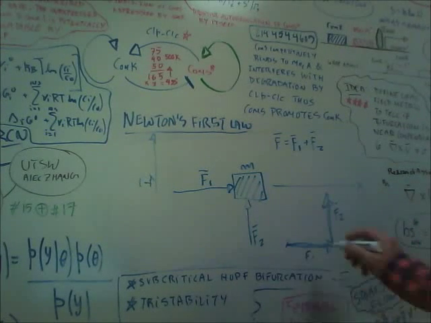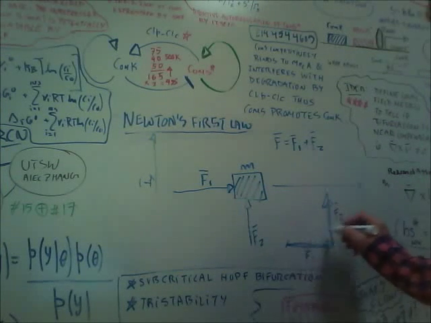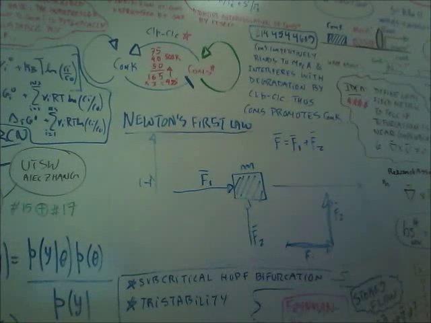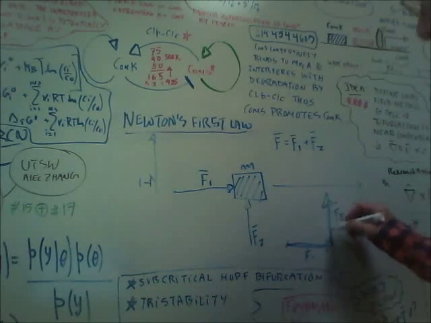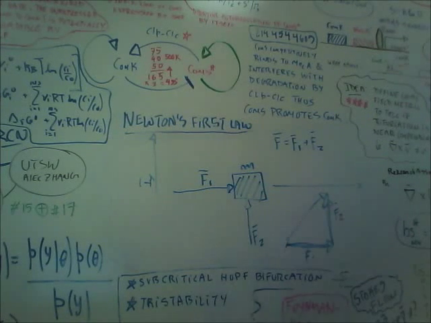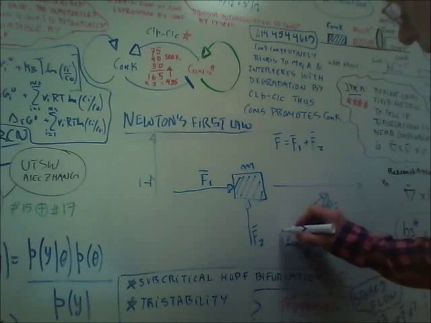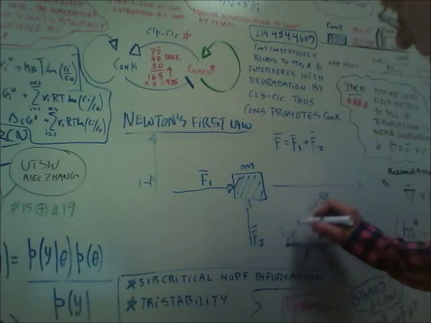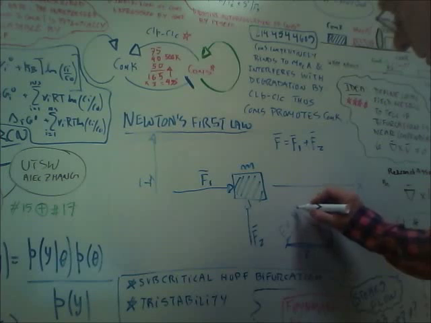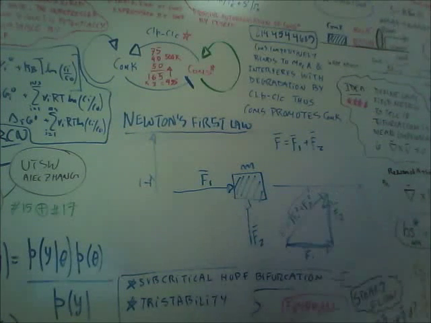So we know from before, I assume you have all been taught, that you add vectors by putting one vector at the tip of the other and taking the sum. And it turns out that the size of the resulting sum is obviously the square root of F1 squared plus F2 squared. That's the size.